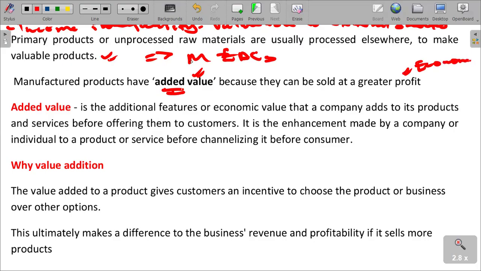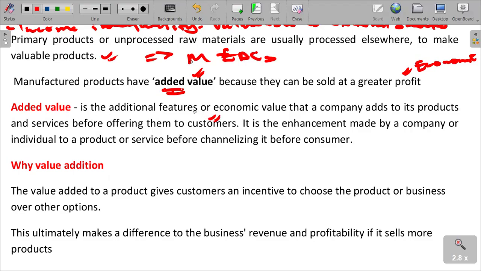I also want to talk about economic profit. So, what is value addition? Value addition is the additional features or economic value that a company adds to its products or services before offering them to customers.